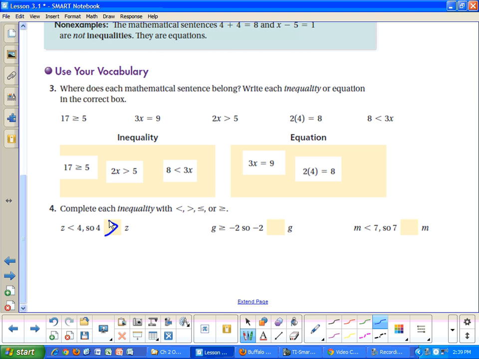G is greater than or equal to negative 2 means all numbers that are greater than or equal to negative 2, so that means negative 2 is less than or equal to all numbers. M is less than 7, so that means 7 is greater than M.